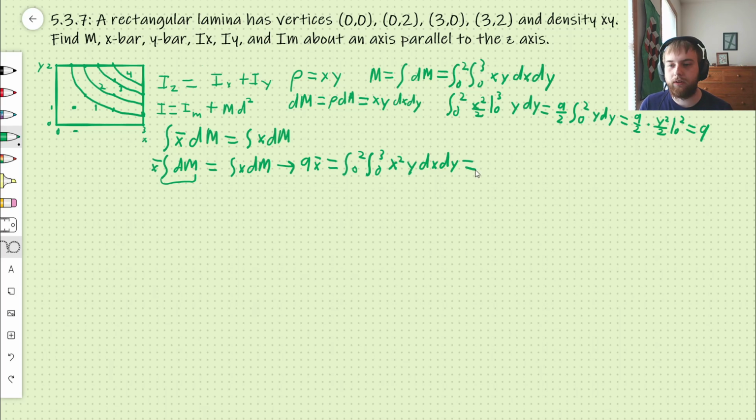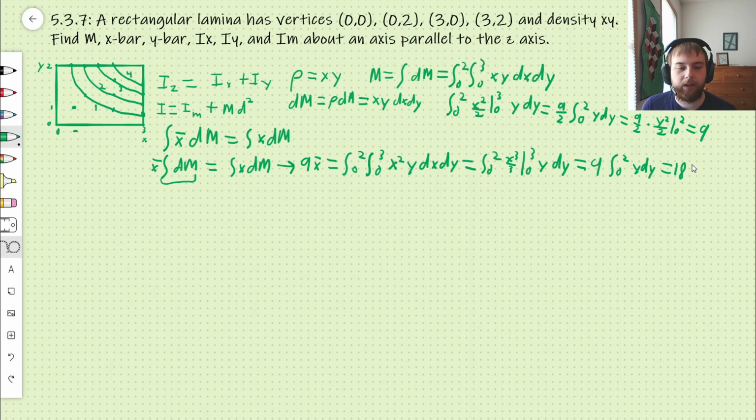Okay, so this is equal to 0 to 2, y times x cubed over 3, 0 to 3, dy. Okay, so when we plug this in, our 0 is nothing. Our 3 is 3 cubed over 3, so that's 9. 9, 0 to 2, y dy equals 18.